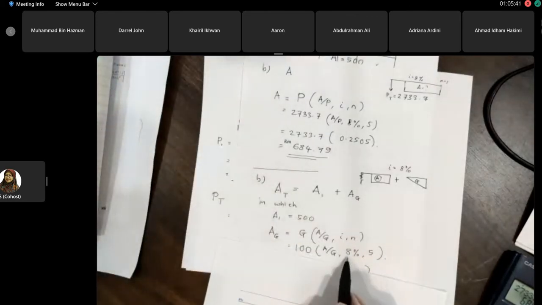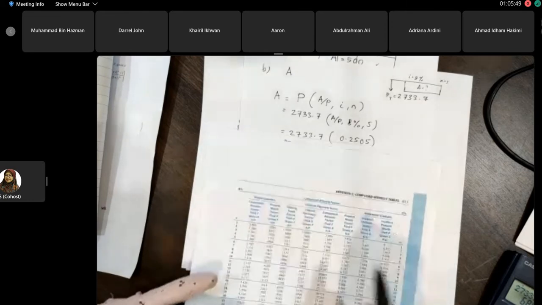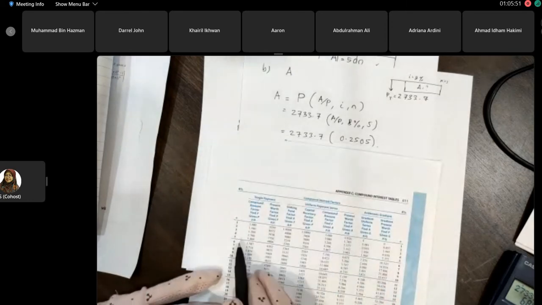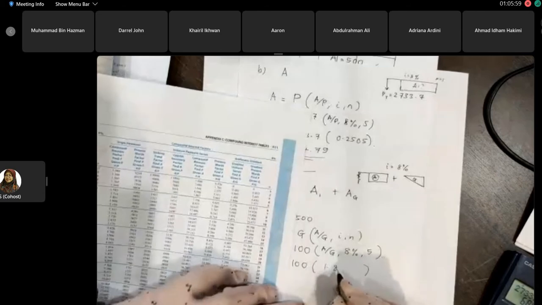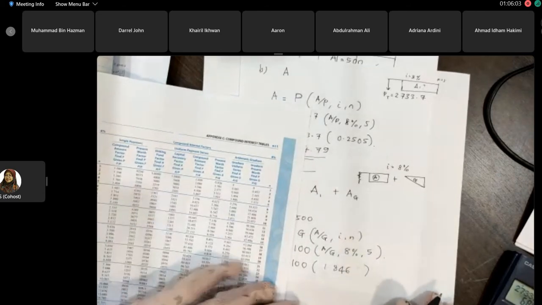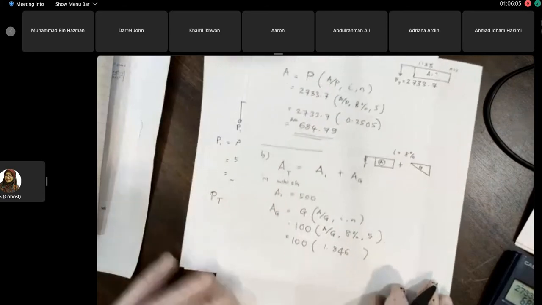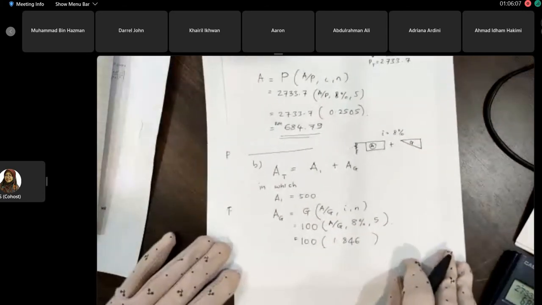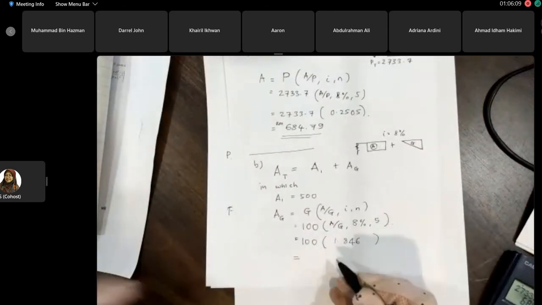By using the table of 8%, you find the factor A over G for year 5: 8%, A over G, 5, is 1.846.